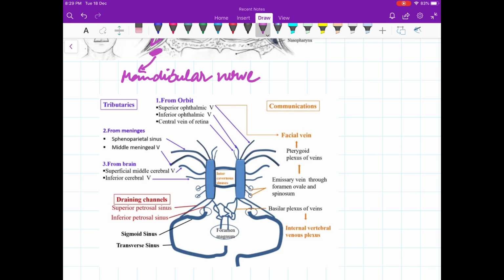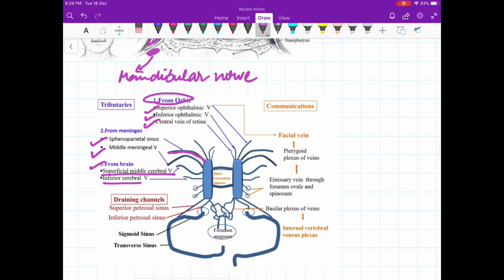Okay, friends. So now we will discuss the tributaries of the cavernous sinus. The tributaries from the orbit are superior ophthalmic vein, inferior ophthalmic vein, and central vein of retina. From the meninges, it is sphenoparietal sinus and middle meningeal vein. And from the brain, it is superficial middle cerebral vein and inferior cerebral vein.